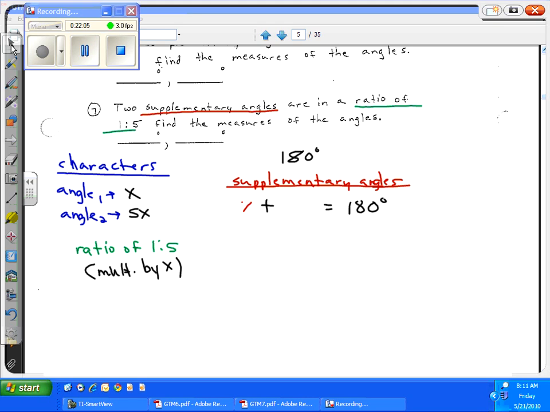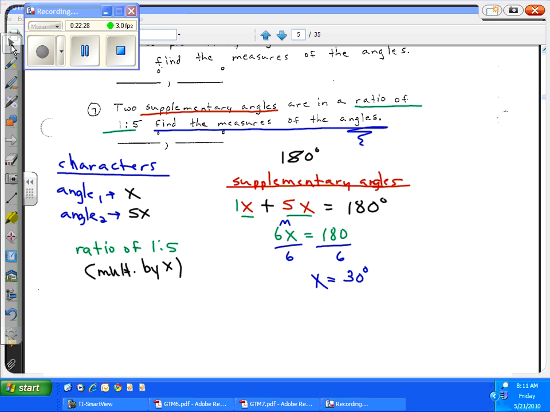So we're going to plug them in and solve using the order of operations. First thing we're going to do is combine like terms. 5 of those plus understood 1 of those is 6 of those little x's is equal to 180 degrees. Undo multiplication by division. We get x is equal to 30 degrees. Read the question again. Find the measure of the angles.